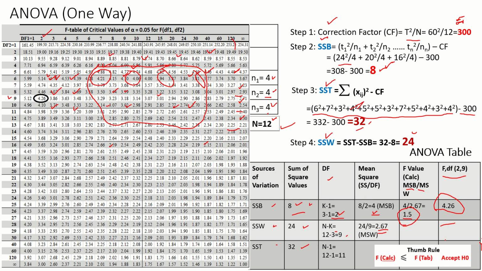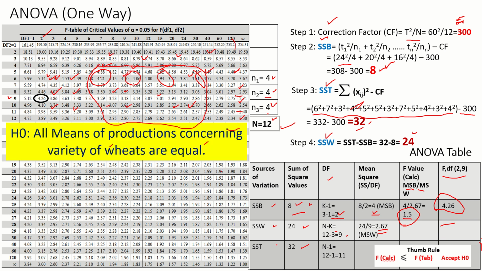Therefore we accept H0. What is H0? H0 is that the means of production of all varieties of wheat are equal. That means there is no significant difference in mean production among the varieties of wheat. This is how we can conclude.